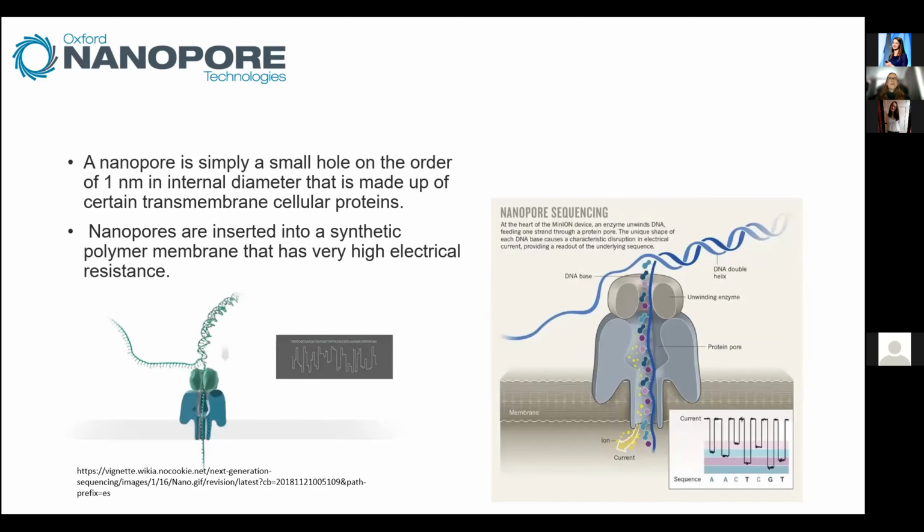A nanopore is simply a small hole of the order of 1 nanometer in internal diameter that is made up of certain transmembrane cellular proteins. The nanopores are inserted into a synthetic polymer membrane that has very high electrical resistance.